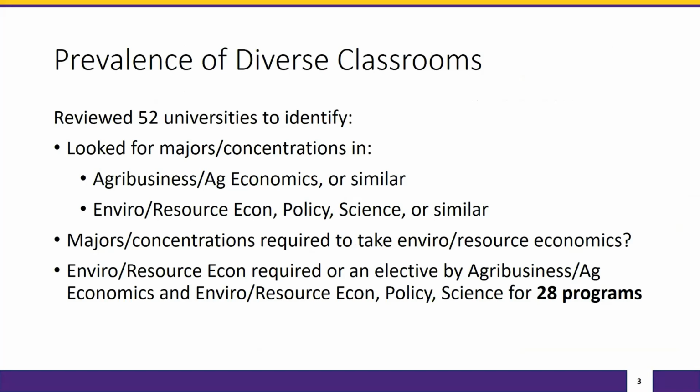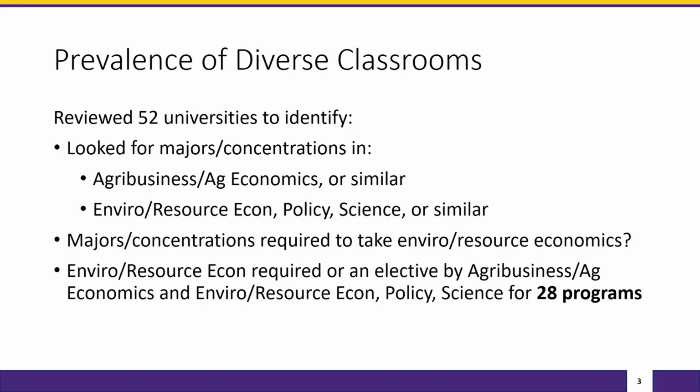I looked at 52 different programs and first identified whether they had the majors or concentrations for agribusiness, ag economics, where you might expect to find the traditional ag kids, and whether they had majors or concentrations for environmental resource econ, environmental policy, environmental science or management, any of those types of programs. If I could identify those programs, then I found whether or not these majors were required or had some sort of element of environmental resource as part of their program.